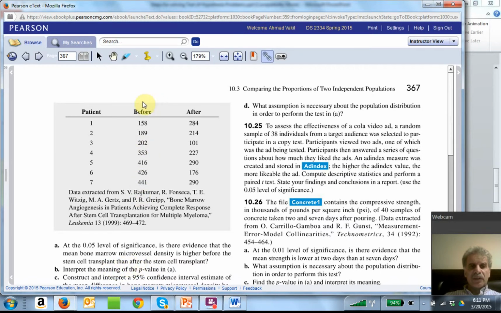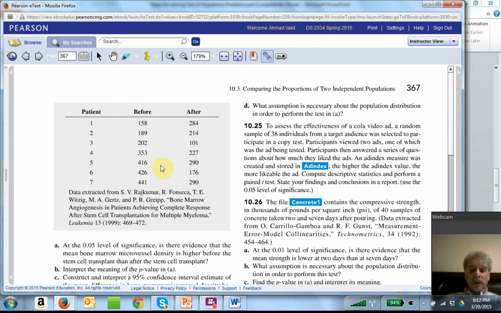So we are trying to determine if the mean before is greater than the mean after. As long as that's the case, this is a one-tail test because something is more than the other. If you had said the mean before is different than the mean after, then that would have been a two-tail test. But right now, this is a one-tail test.